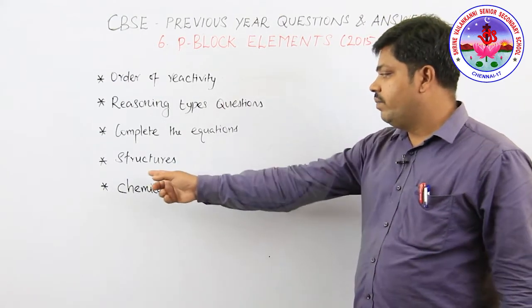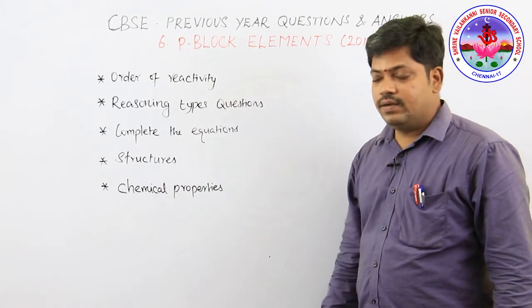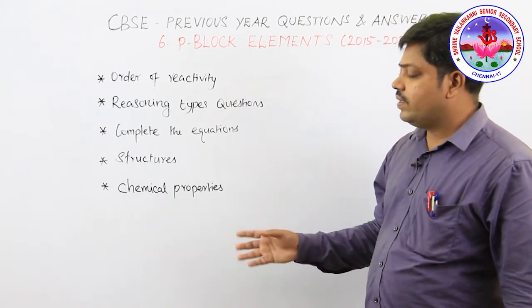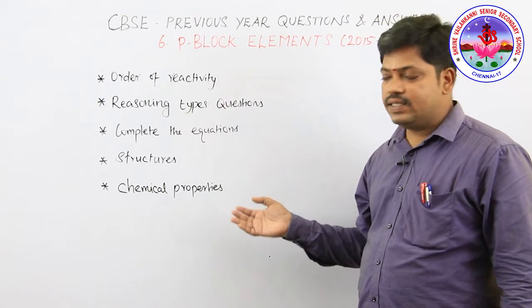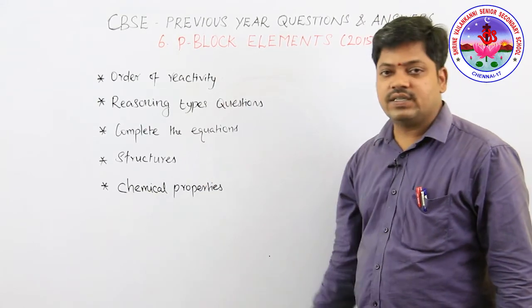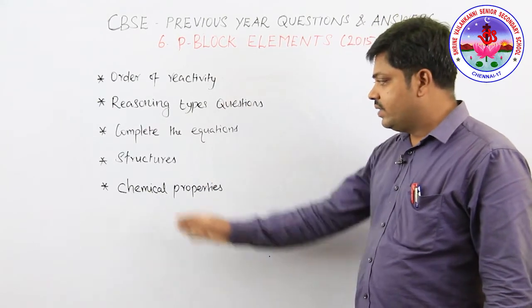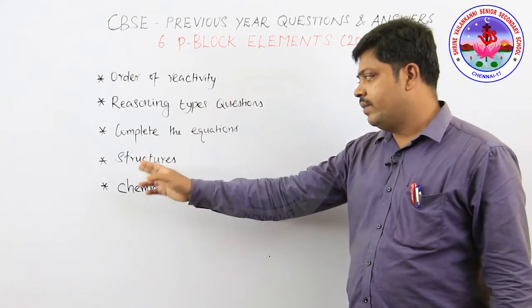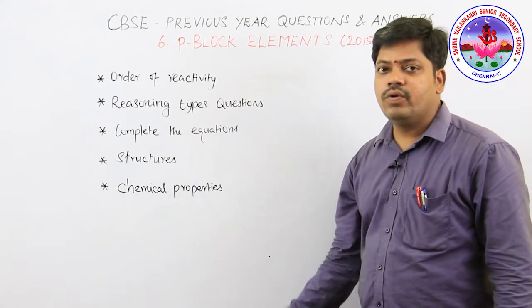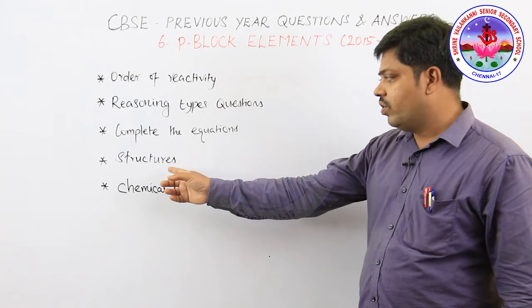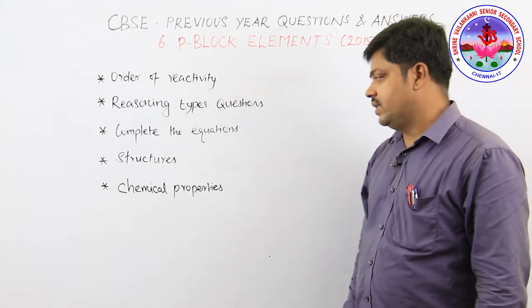Then a very important one, the structures. Draw the structures for the oxo acids of halogens, and so many structures of sulfur. I think these types of structures will definitely come for 2 or 3 marks, so you have to concentrate on the structures.